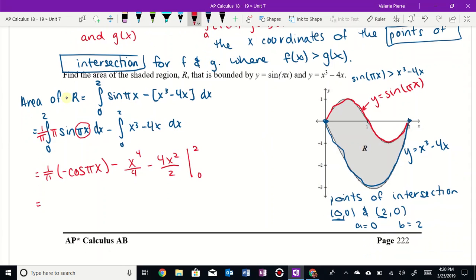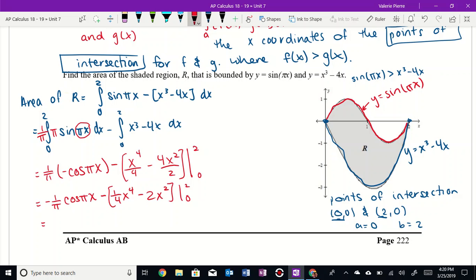So this is equal to negative 1 over pi cosine pi x minus (1/4 x to the 4th minus 2x squared) from 0 to 2.